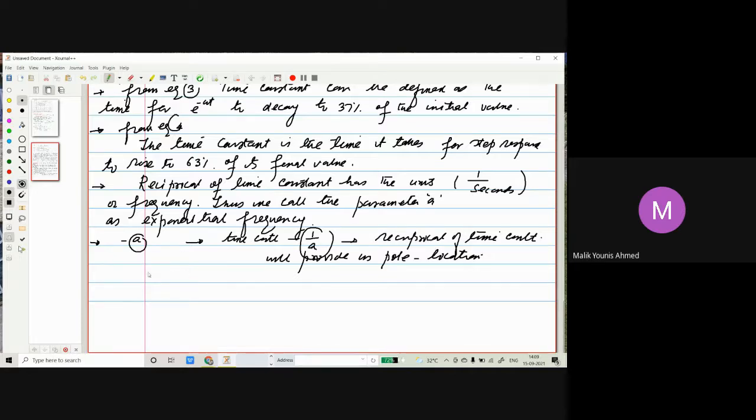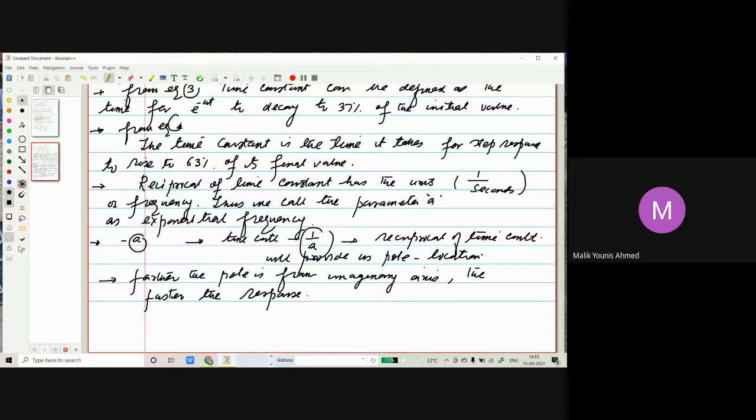And further, as I have already told you, the farther the pole is from the imaginary axis, the faster the response will be.